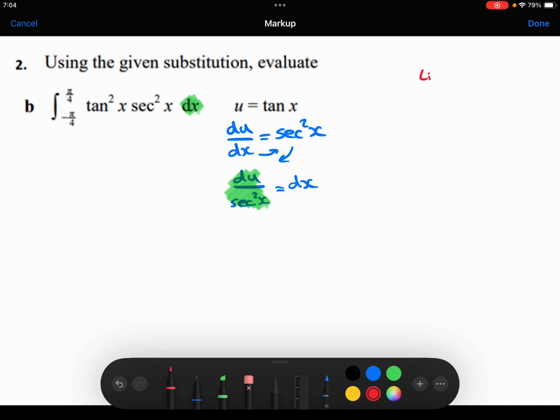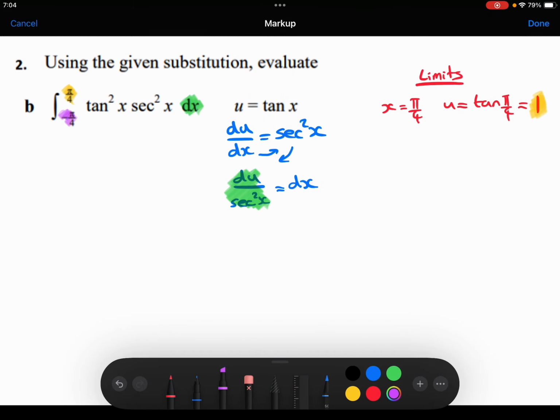Let's now have a look at these limits. So upper limit first, so when x is pi over 4, u is going to be equal to tan pi over 4, which is just 1. So my upper limit in the u world is 1.